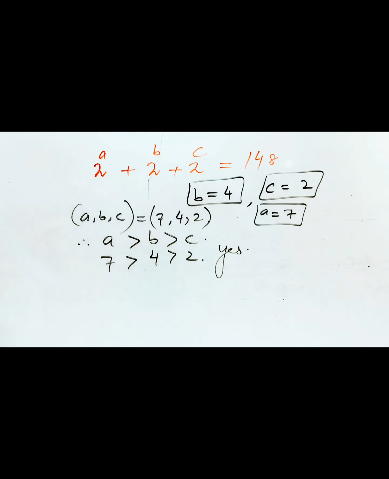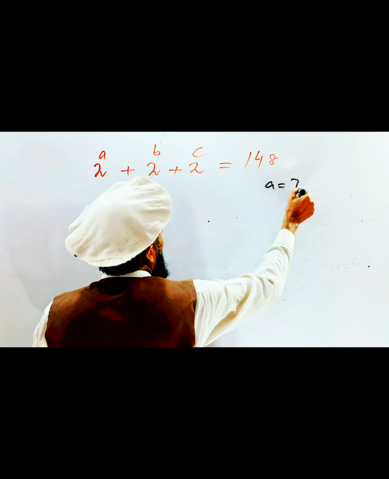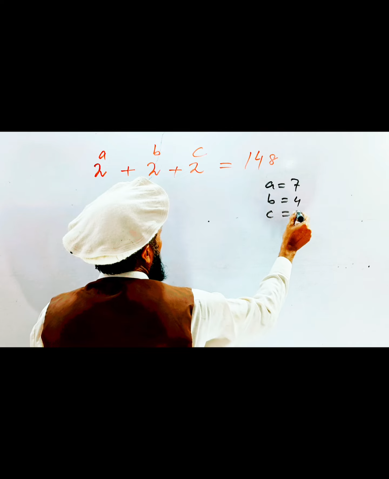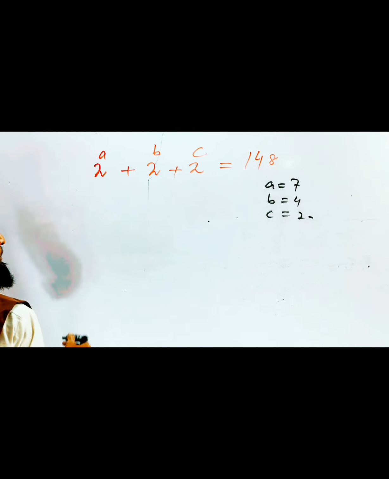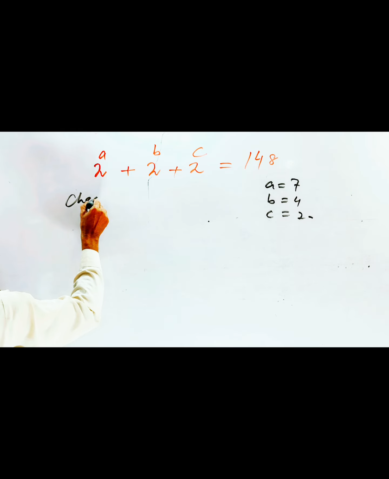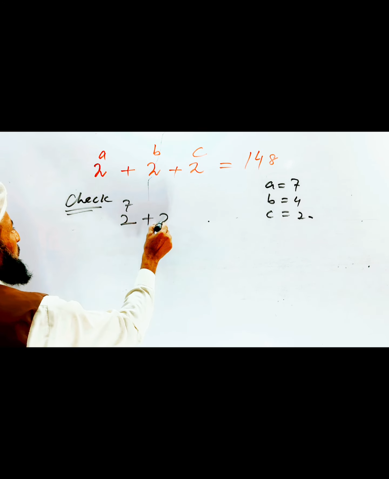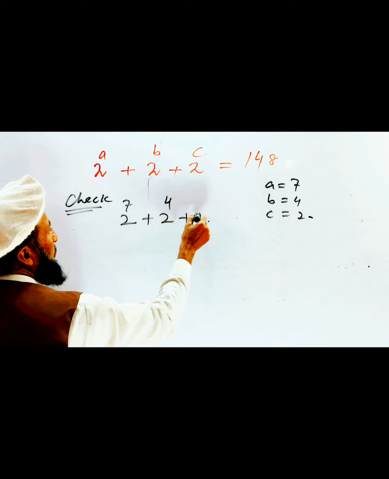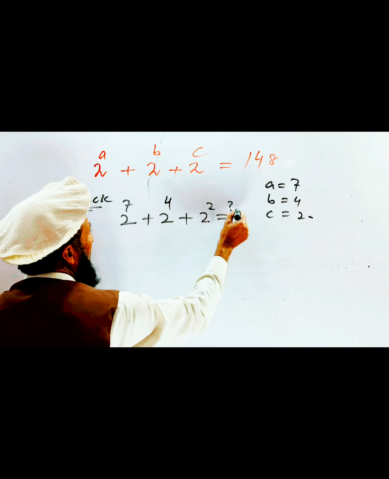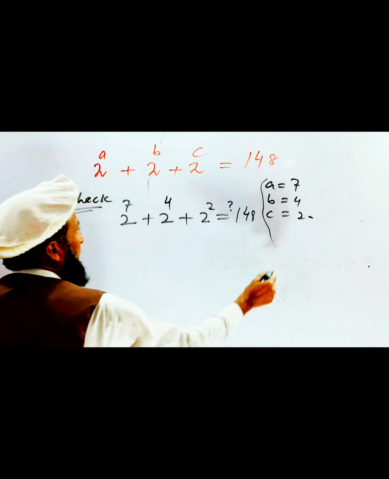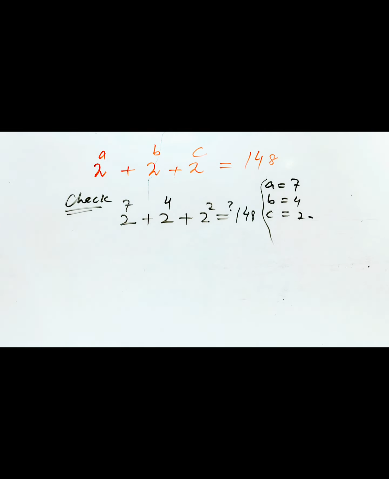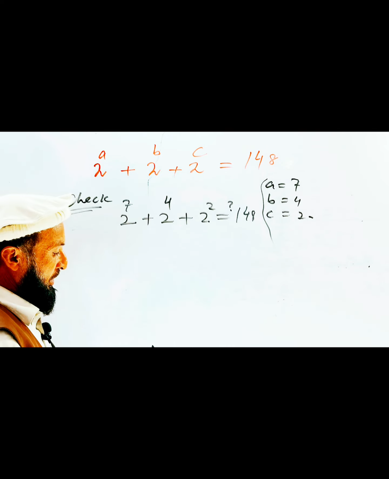Now if we want to verify our answer, a is equal to 7, b is equal to 4 and c is equal to 2. If we replace them in the given question, checking: 2^a is 7, plus 2^b is 4, and 2^2 is, question mark, 148. So this exponential equation is given in just one equation.